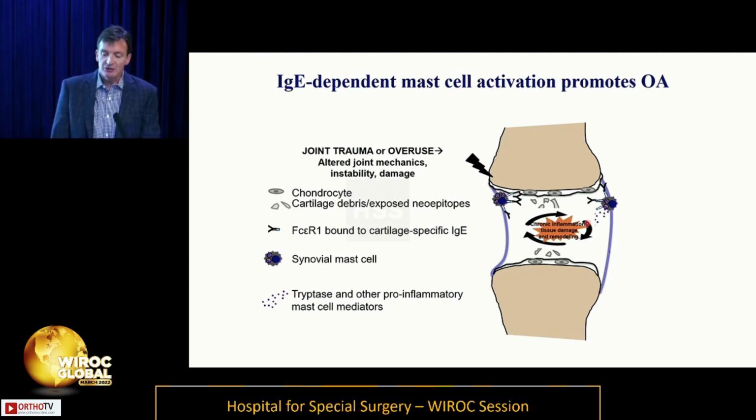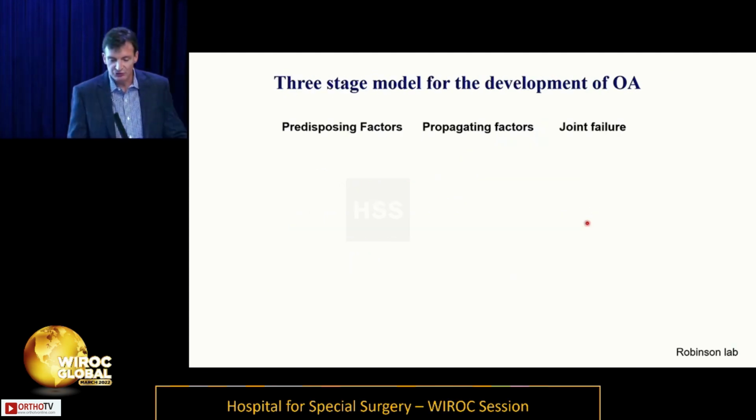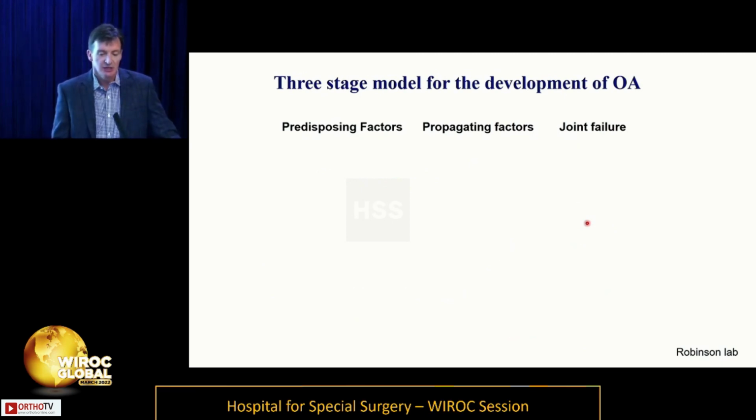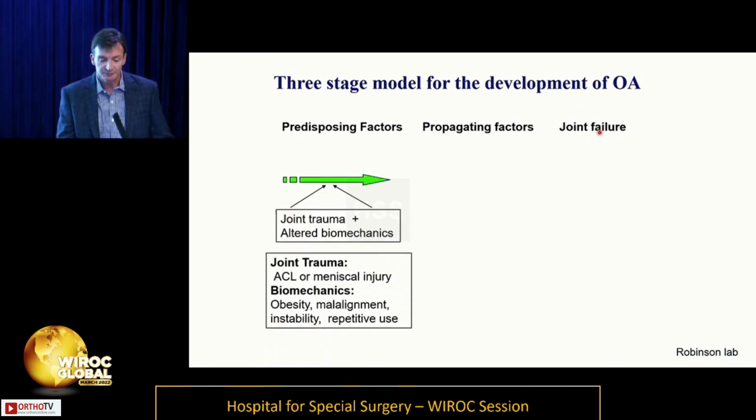So I just want to end with a couple of summary slides framing how my lab views OA, taking and adapting the models of others, thinking about how OA might develop. Perhaps there are certain predisposing and propagating factors that ultimately result in OA as joint failure. It's altered biomechanics and trauma, different types of injury, obesity, malalignment, repetitive use.